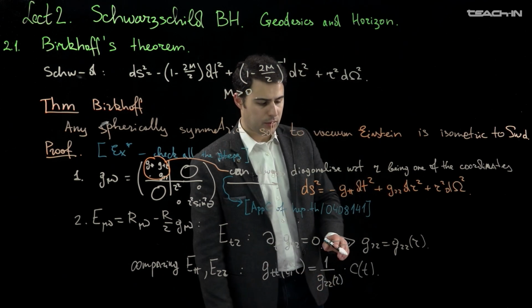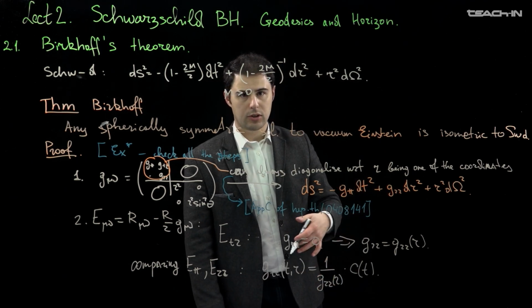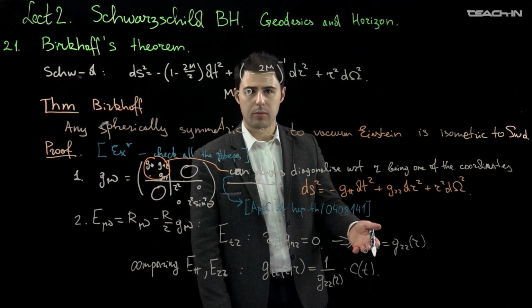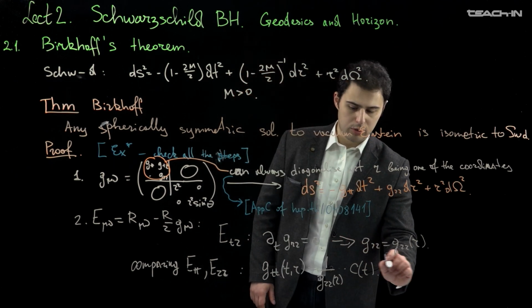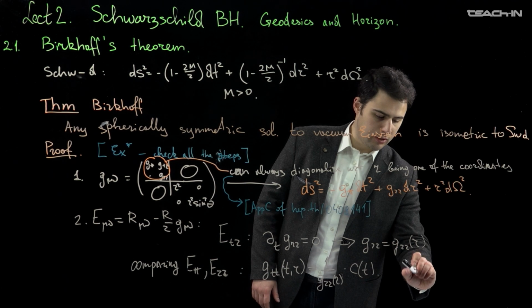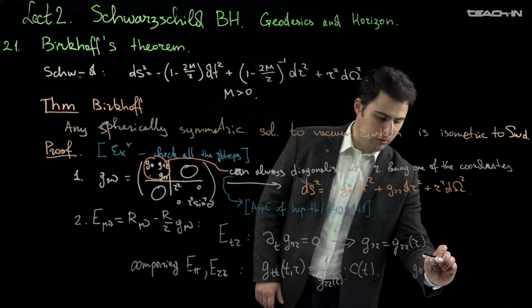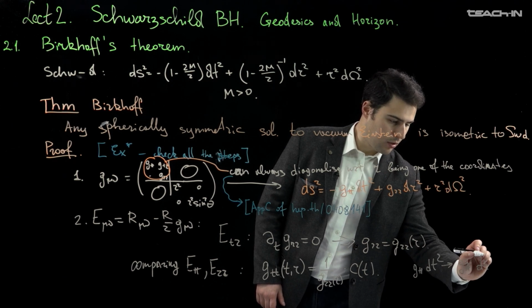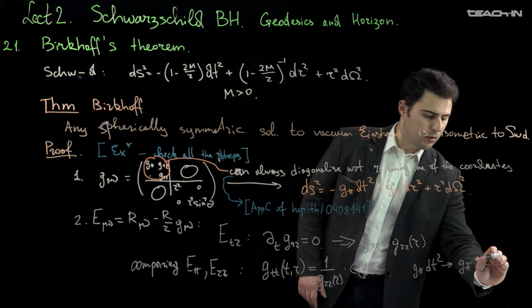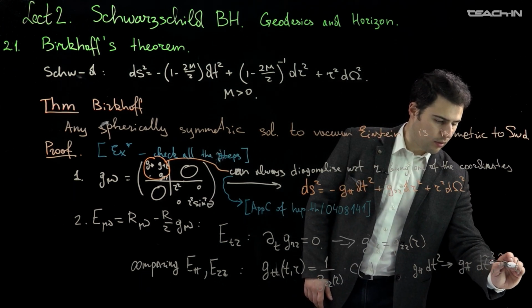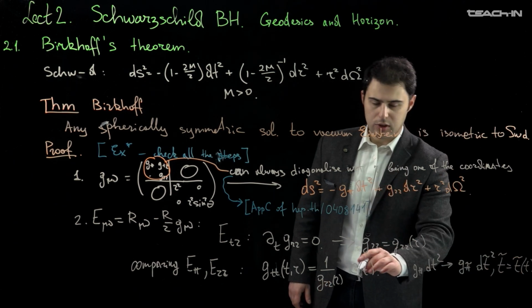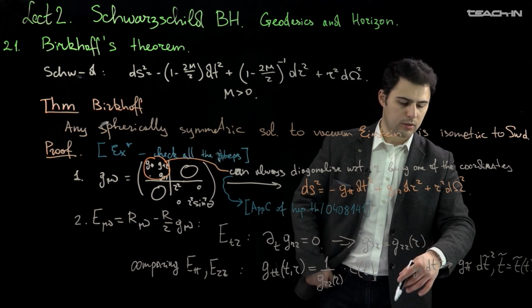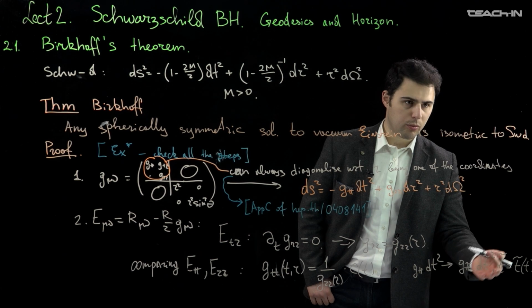Now, this function of time is actually gauge freedom, and it can be removed by the reparameterization of the time coordinate. So when we write g_tt dt squared, we can go to a new time coordinate such that C of t is removed by the introduction of new coordinates.